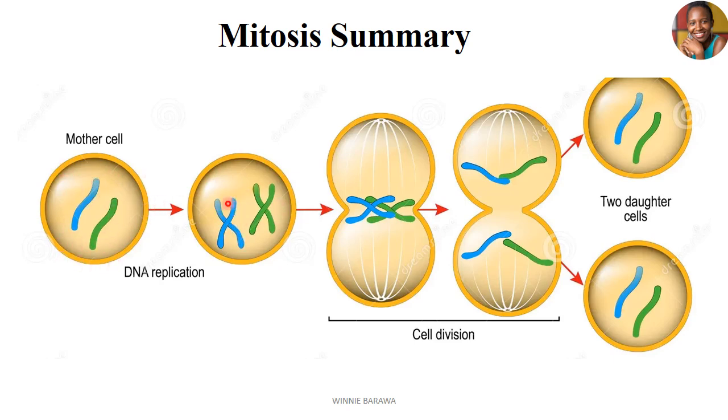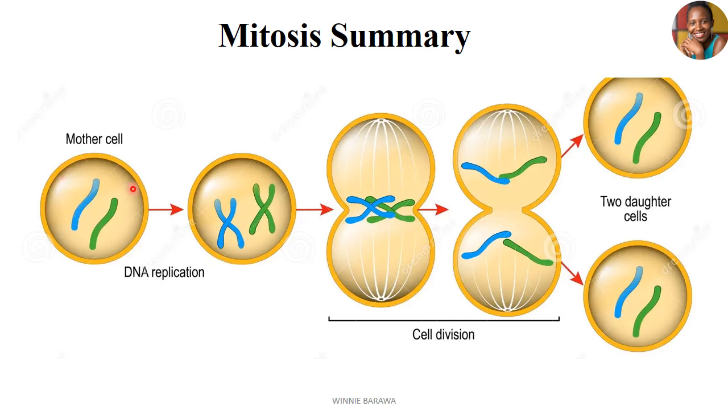So it will end up with sister chromatids with similar characteristics. However, during the cell division of mitosis, we shall separate these sister chromatids, so that the chromosomes go into the daughter cells. The daughter cell will end up with a similar chromosomal number, just like the mother cell.